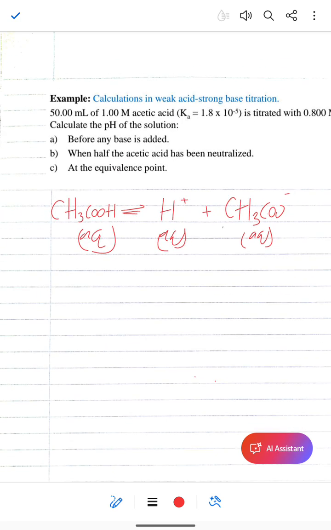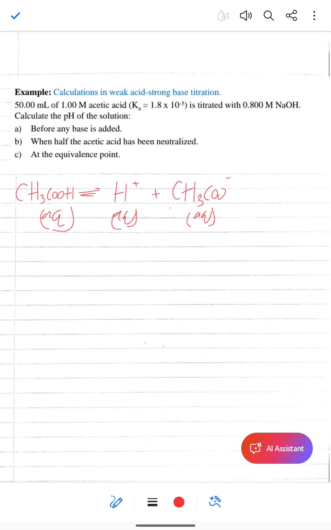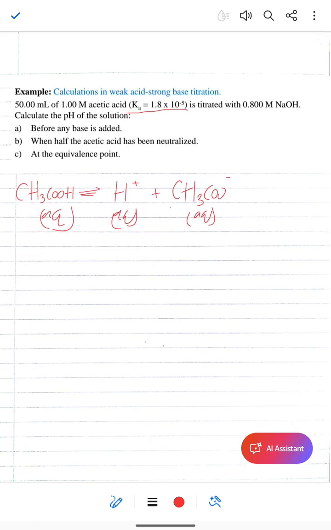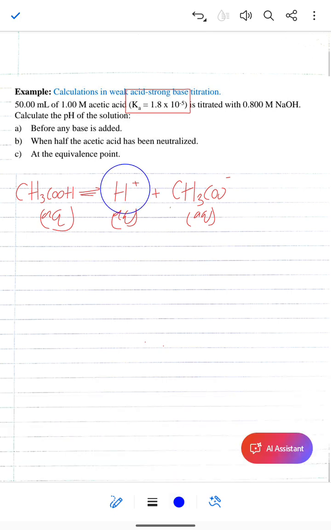Now, for me to find the pH, I think I need to take note of my Ka. That means I can easily find the concentration of this, right? And why do I need to do that? I need to do that so that I can find the pH of the solution.